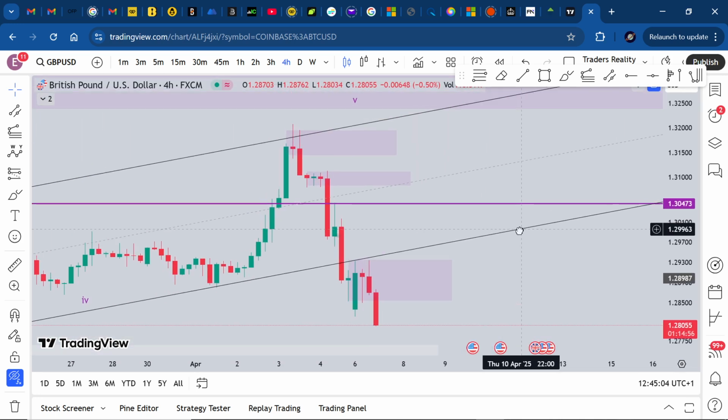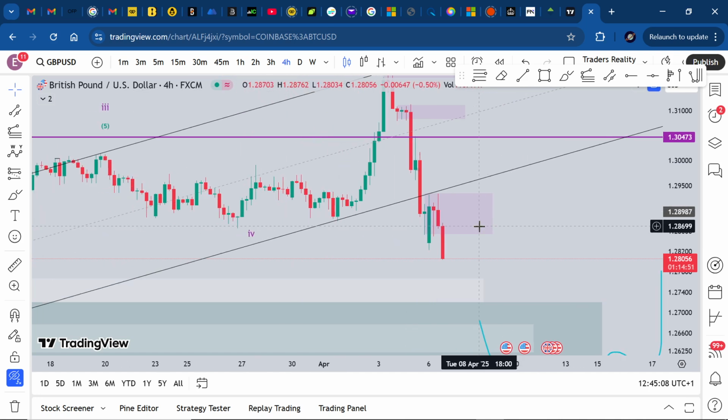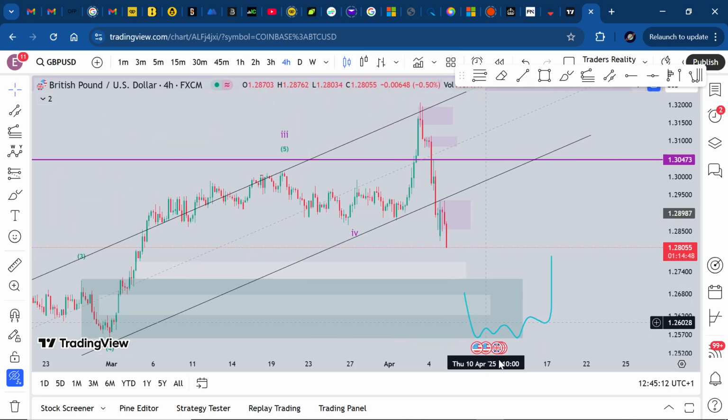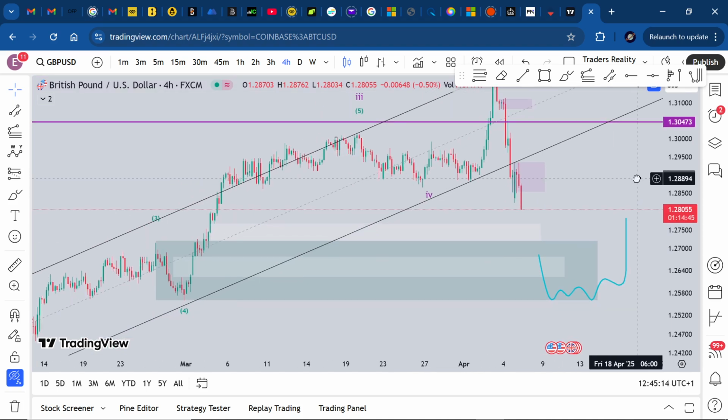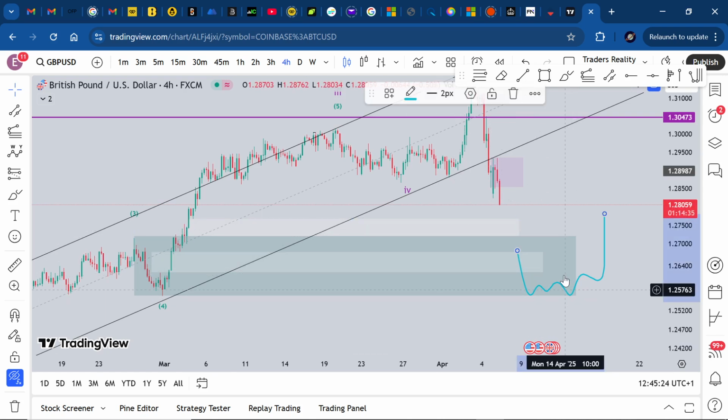Okay, now. So right, we've got a couple supply zones here either way, and if we get down here, we accumulate, we can start looking for a thing, but that won't be today. As far as I'm concerned, it's coming down today, and we should reach somewhere in this area today.